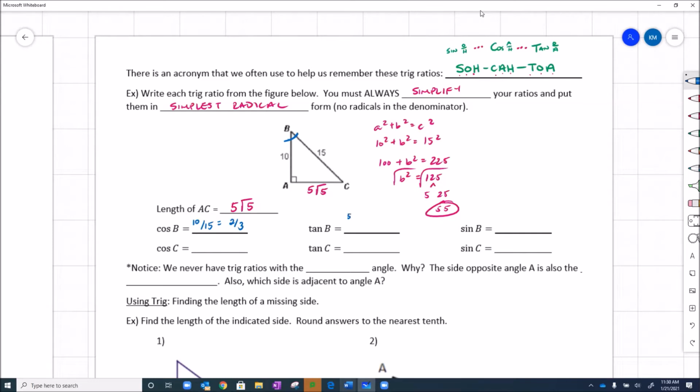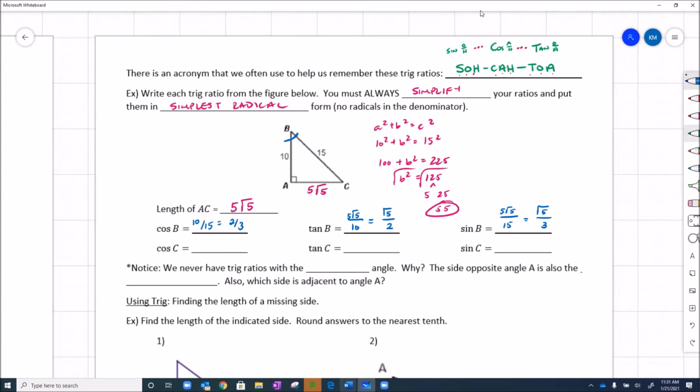So that's 5 radical 5, the opposite from B. The adjacent is 10. We can simplify, so radical 5 over 2. And then sine B is opposite over hypotenuse. So we have 5 radical 5 over our hypotenuse 15. 5 goes into both of those, so we have radical 5 over 3.